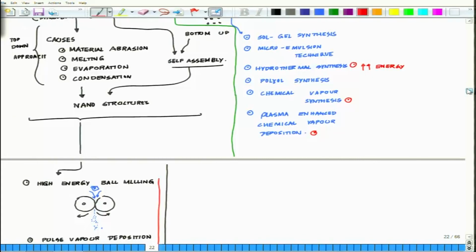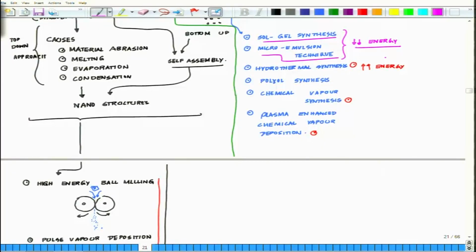On the contrary, when we look at these two techniques, sol-gel synthesis and the microemulsion technique, in comparison these are low energy intensive processes.